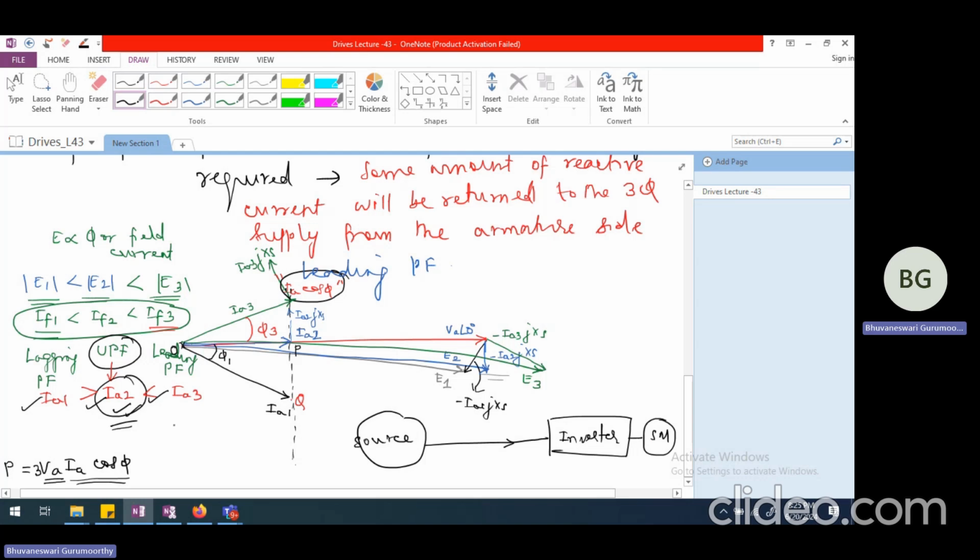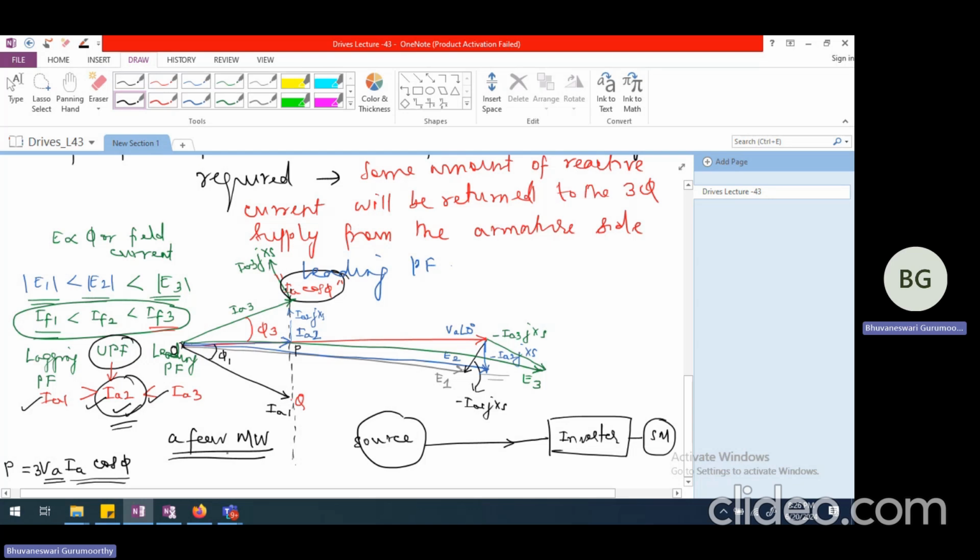That is one reason why synchronous motor drives are preferred whenever we talk about a few megawatt level of motor drive. In a few megawatt level of motor drive, even if I square R losses are decreased slightly, the efficiency is improved even by 1 or 2%. It's a big deal because it is going to minimize the amount of power loss to a large extent.